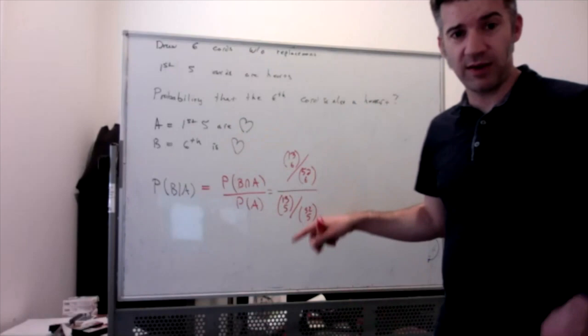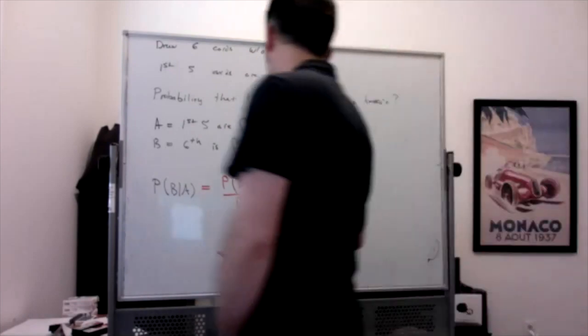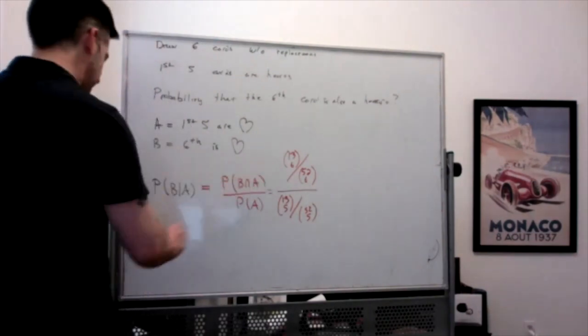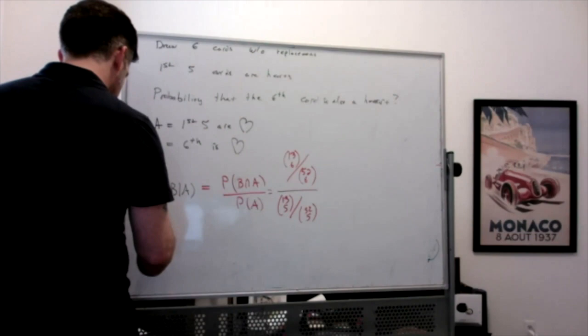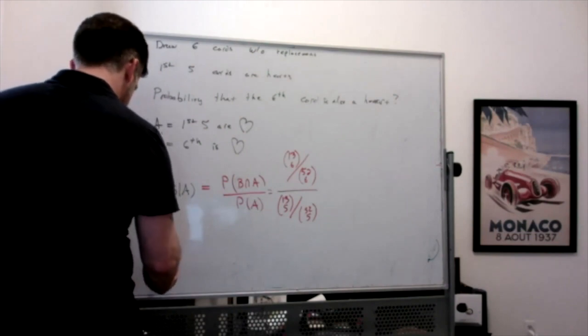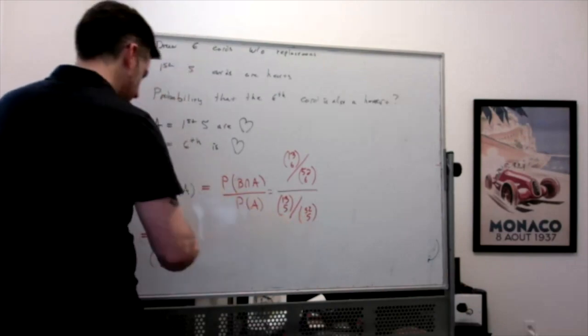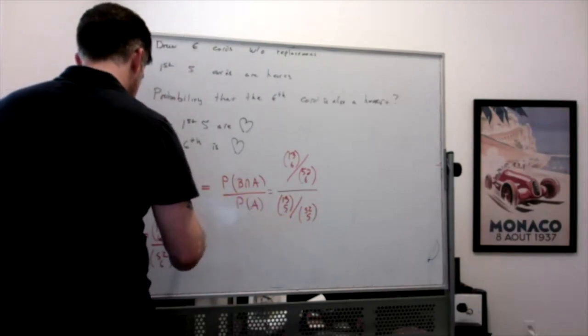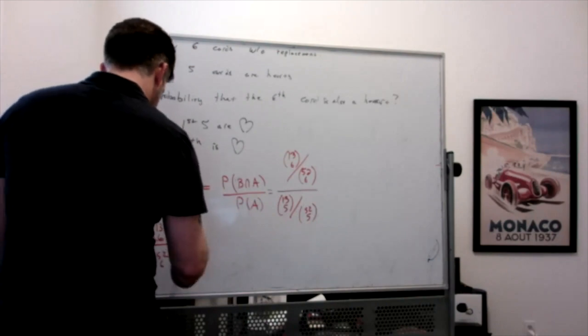I want to simplify this so you guys can see that it's going to be the same as the actually nice way we're going to find the answer. So let's see what we get here. I'm going to rewrite that as 13 choose 6 divided by 52 choose 6, times the reciprocal, so 52 choose 5 divided by 13 choose 5.